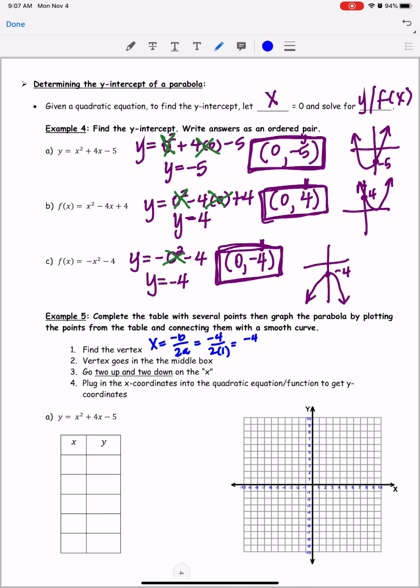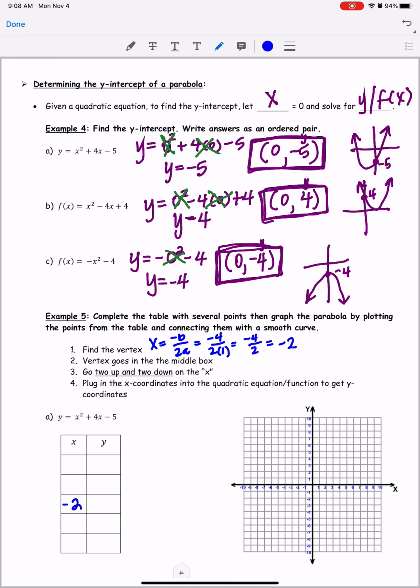We get negative 4 over 2, and that gives me negative 2. So this negative 2 is going to go right here in the middle. Okay, that's step 1. Well, and 2, right? It goes in the middle.